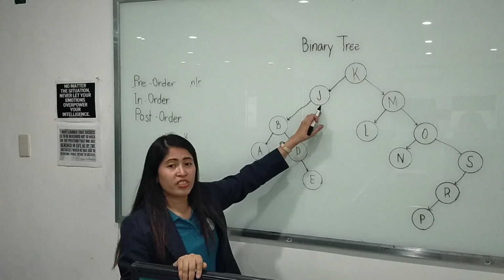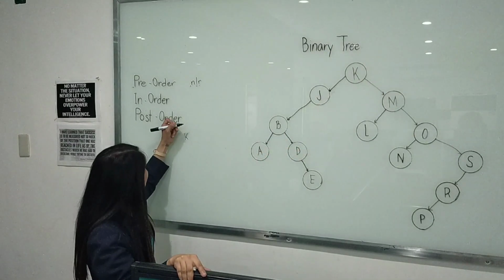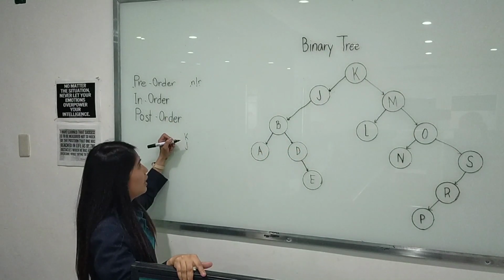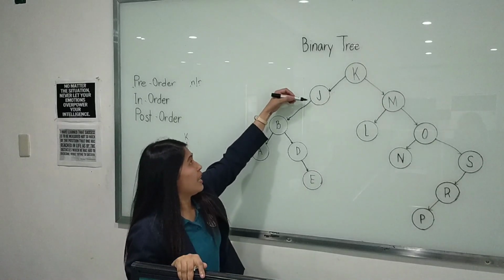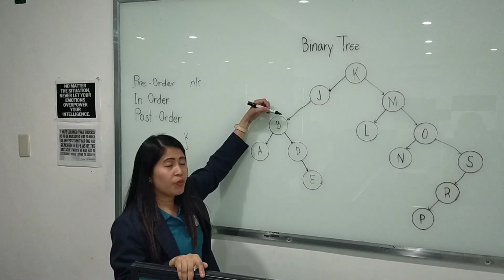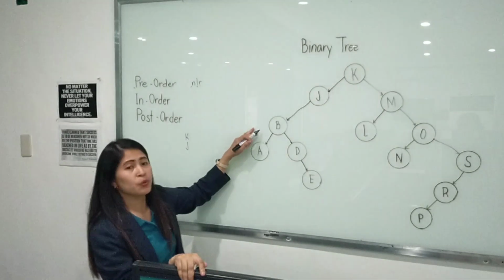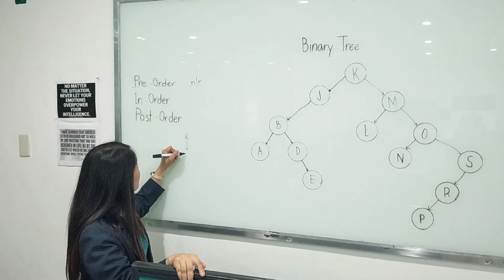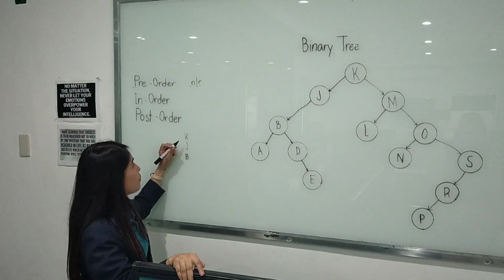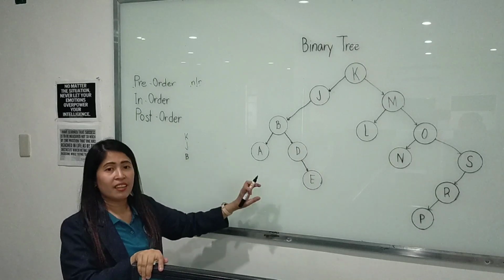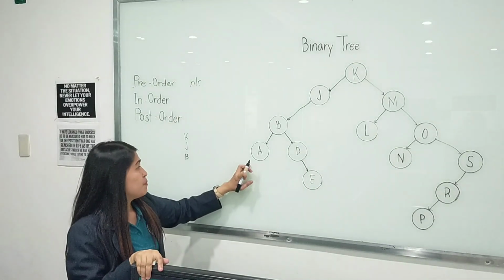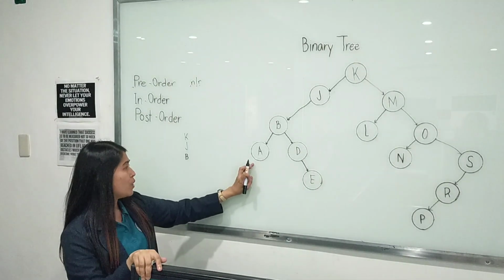We will go down to the J, and then we will visit again the left subtree of the J, and then we go down to the B. And then we will visit again the left subtree of the B, so we go down to the A.